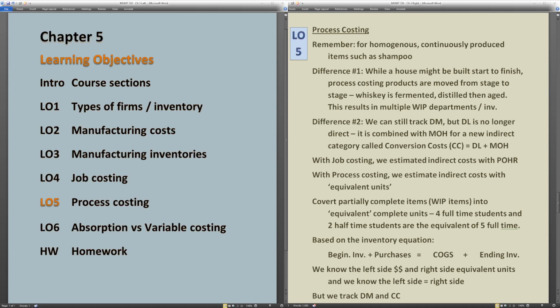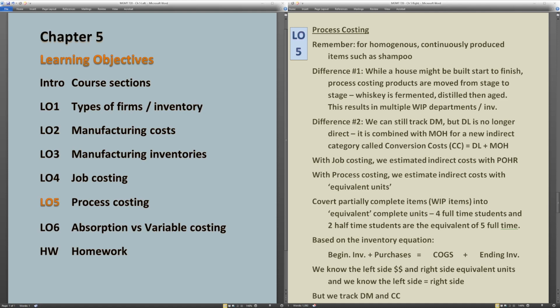Okay, now we move on to the second type of costing method. Job costing was for unique items. Remember, process costing is for homogeneous, continually produced items such as shampoo or cereal or things of that nature. There are two differences when we move into process costing.